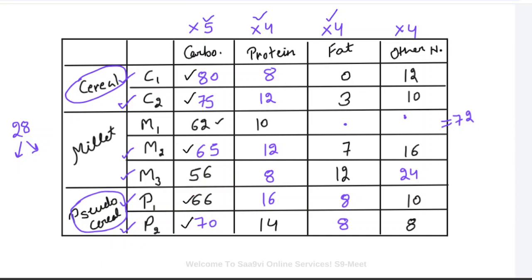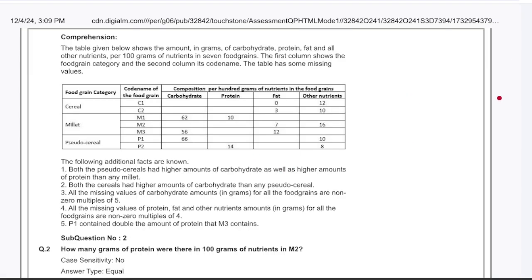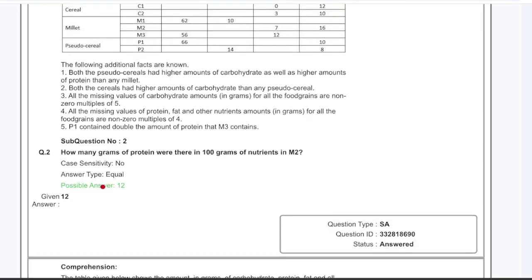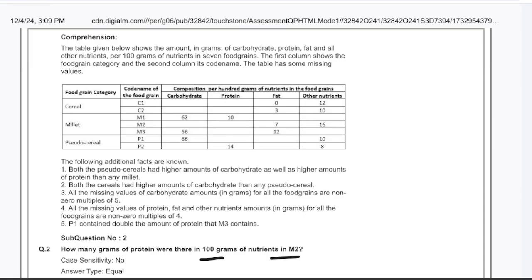That means the answer to the first question is 5. That is right. The next question says how many grams of protein were there in 100 grams of nutrients in M2? In M2, the protein we have is 12. So that should be the answer.